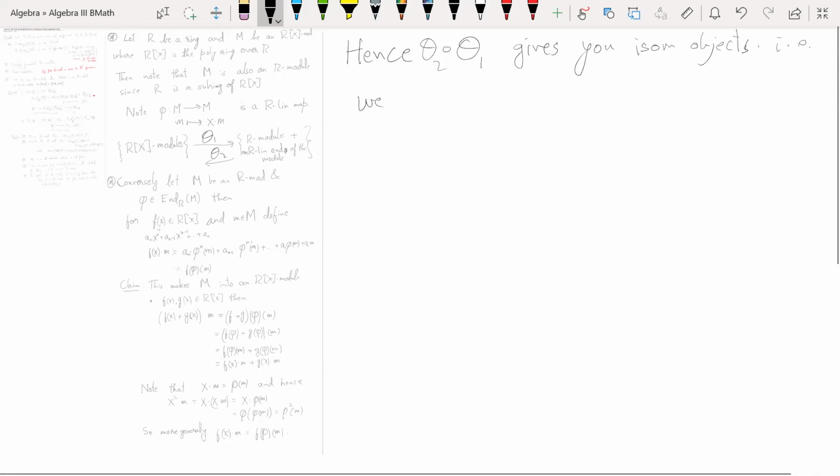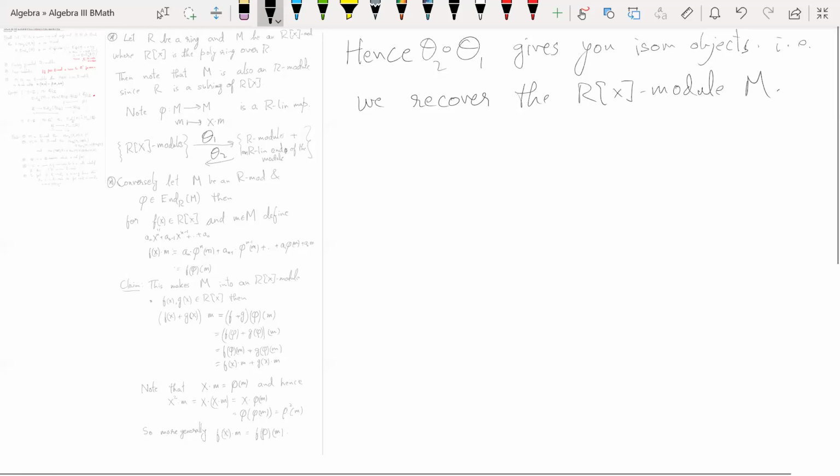We recover the R[x]-module. In fact, we get not only the same object, because the module is the same, but even the scalar multiplication is the same. And you can do the same thing the other way.